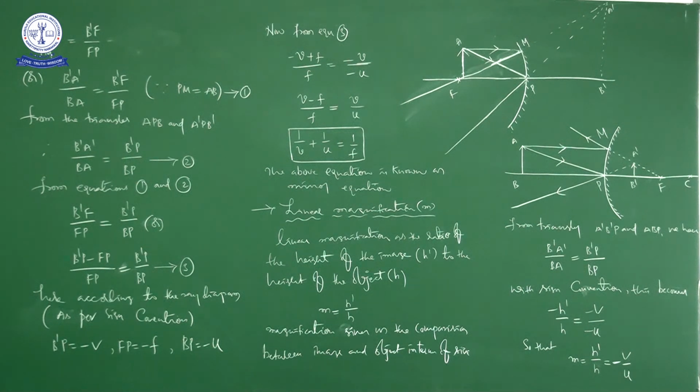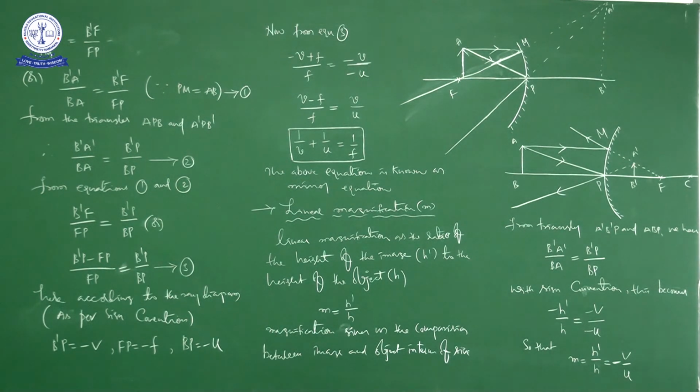So finally, what I am saying is, in case of optics, in case of plane mirror or spherical mirrors, one of the important tasks for us is to get a magnified image or a diminished image.